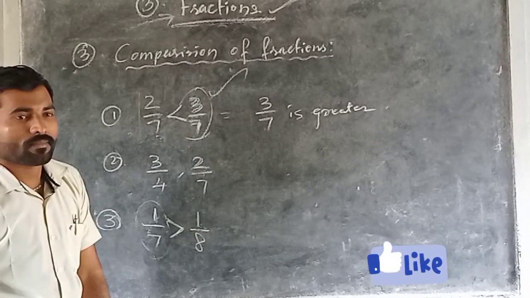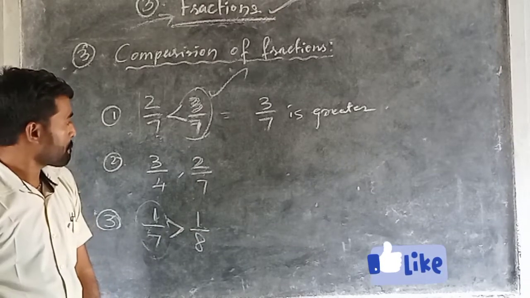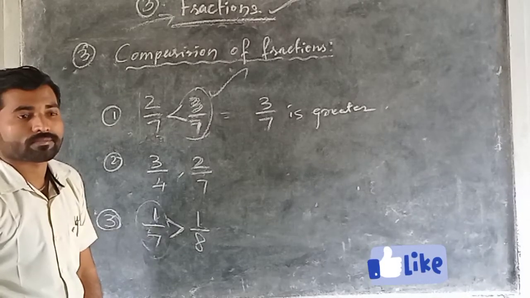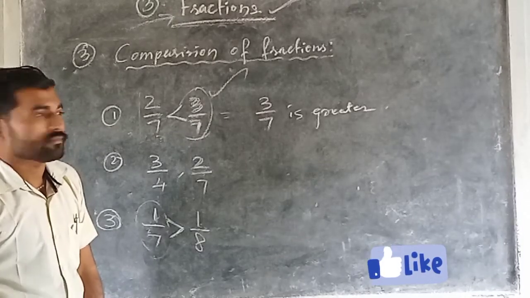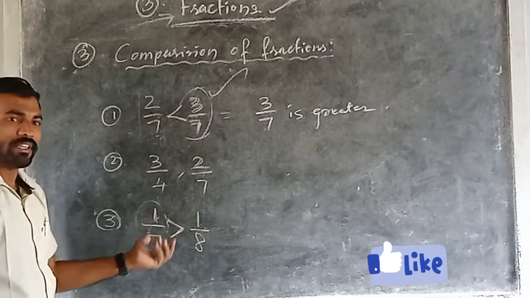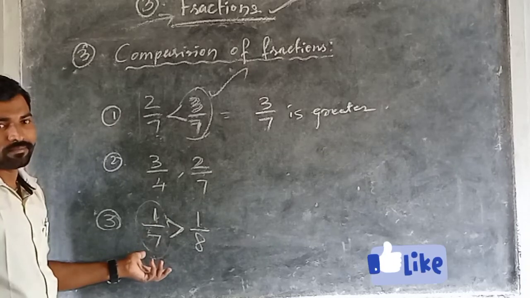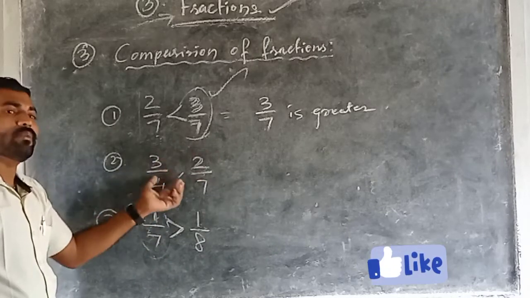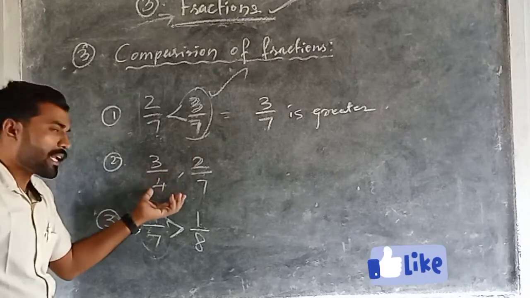LCM. You take the LCM of the two denominators. If the denominators are equal, you say directly. If the numerators are equal, then also you say directly. But here the denominators and numerators are all different because these are unlike fractions.